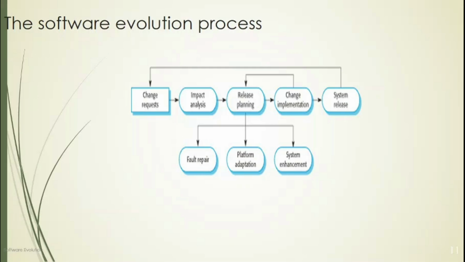If there is any fault in the system, release planning means you can repair the system, or upgrade it, that is, adoption of a new platform, or system enhancement, that is, adding a new tool, and so on. Then change implementation: once again, if some changes have to be done for the existing system, go up to release planning, and depending on whether it is for fault repair, adoption of the platform, or enhancing the system, you can do it.